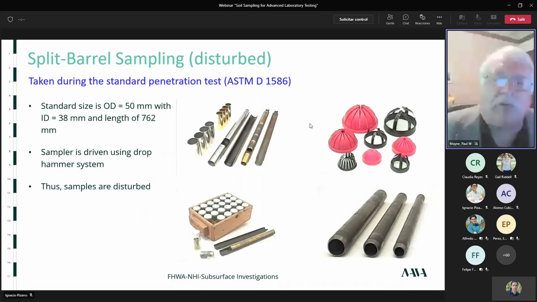We count the number of blows to drive this a certain distance with a drop hammer system. But the cyclic loading and the thickness of the wall all make these very disturbed. So it's not appropriate to use split barrel or split spoon samples for advanced lab testing. Next.